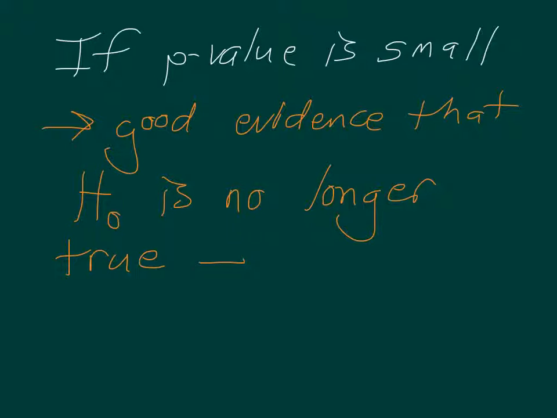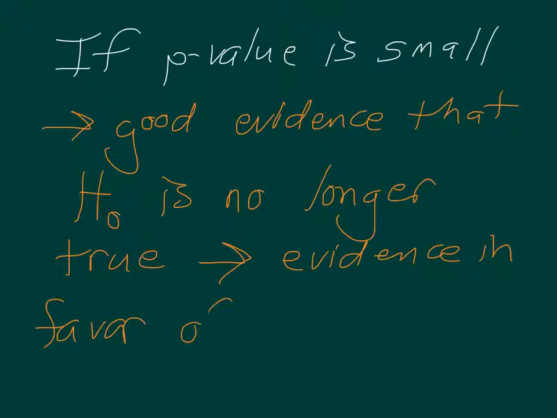Or in other words, another way to look at it is it's evidence in favor of H1, right? It's evidence that supports H1. We're not so much looking at it as evidence against H naught. We're saying it's just good evidence that H1 is probably what's actually true now.